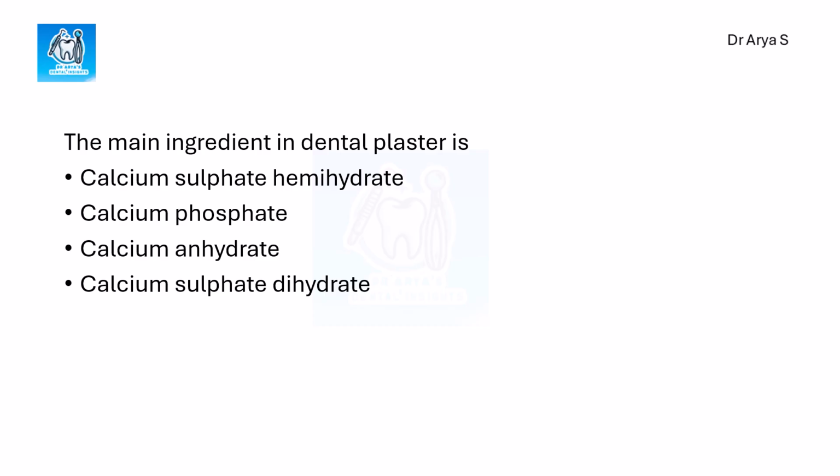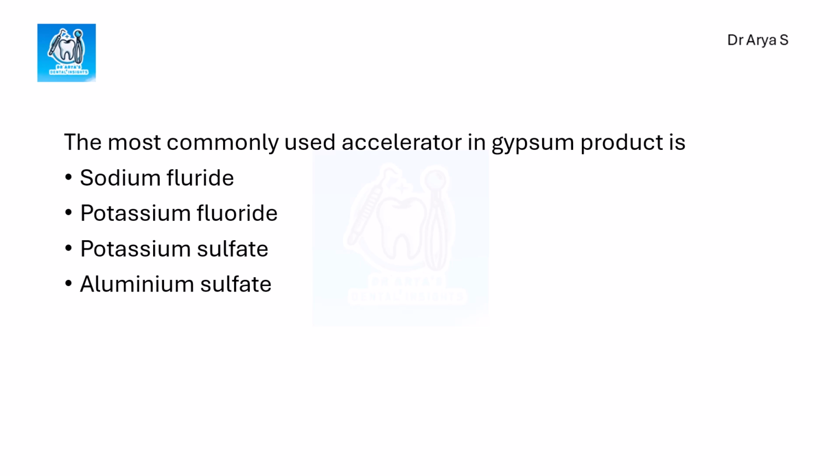In dental plaster, which is the main ingredient? Calcium sulfate hemihydrate or calcium phosphate, calcium anhydrate or calcium sulfate dihydrate. And the answer is calcium sulfate hemihydrate. The most commonly used accelerator in gypsum product is sodium fluoride, potassium sulfate, and aluminum sulfate.